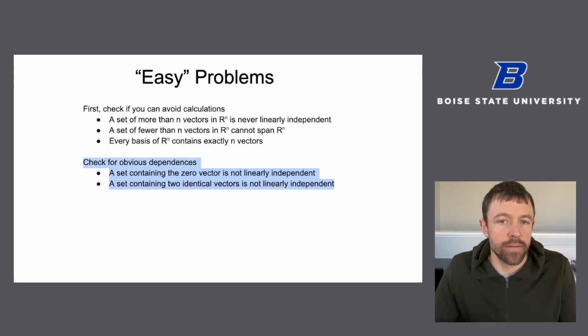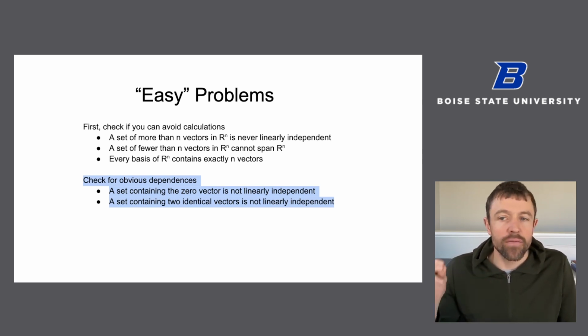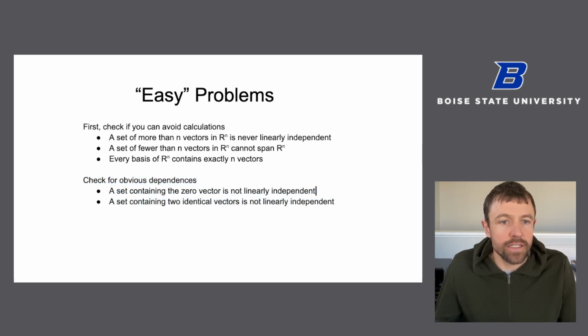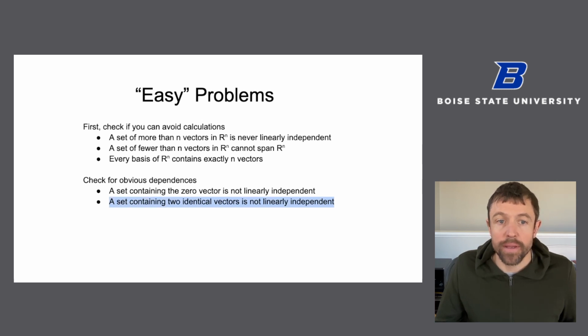And then finally, I just mention this now, none of my examples have this, but if we're talking about linear independence, there are certain situations, these are the main two I can think of, where you immediately can see that there's linear dependence. If your set contains the 0 vector, it is not linearly independent because you can create a non-trivial linear combination by just multiplying the 0 vector by 1 or something. Also, if you have a set with two identical vectors, that will not be linearly independent.